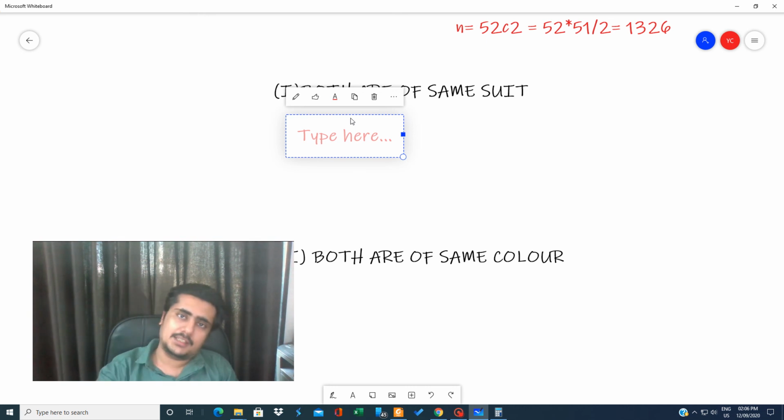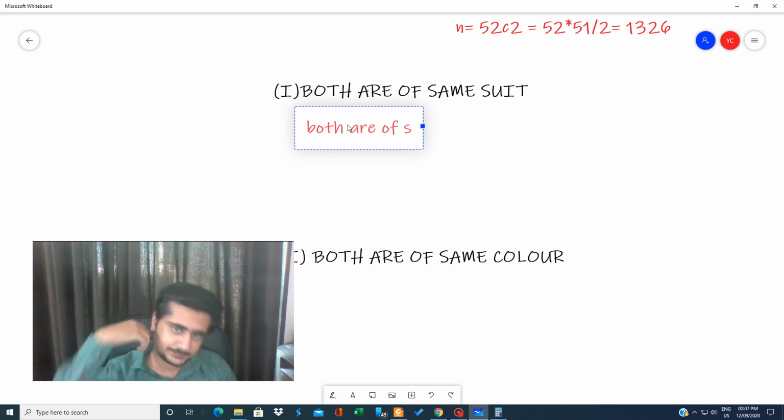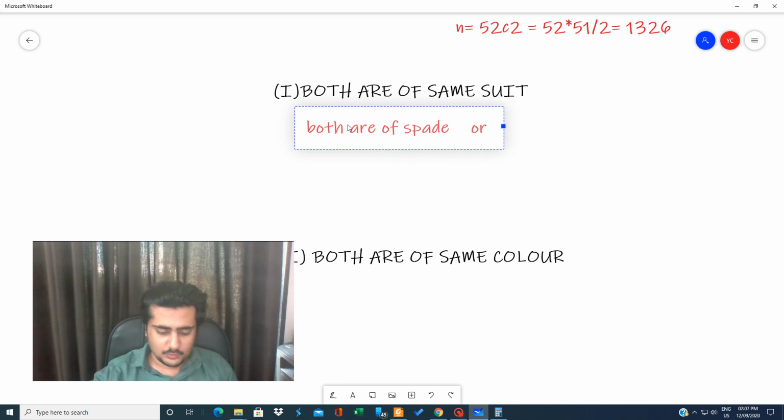That means either they both should be spade, or both club, or both diamond, or both heart. So how many possibilities are there?